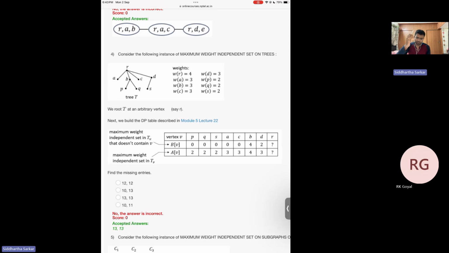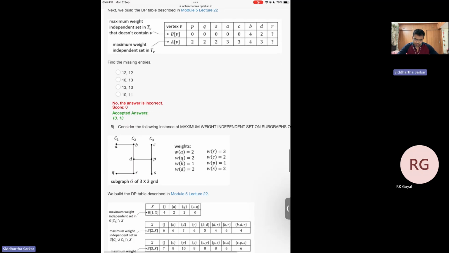So what is the final entry corresponding to the maximum weight independent set? It is A of R, where R is the root. So using some recursive formula, it is possible to fill up this table. Very straightforward.